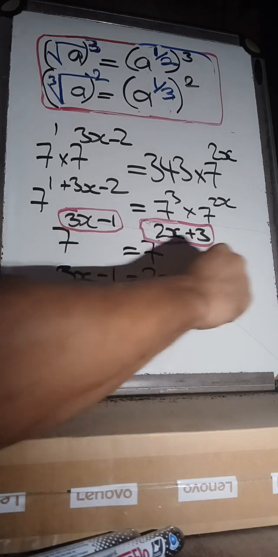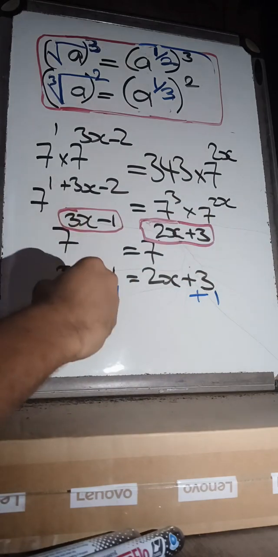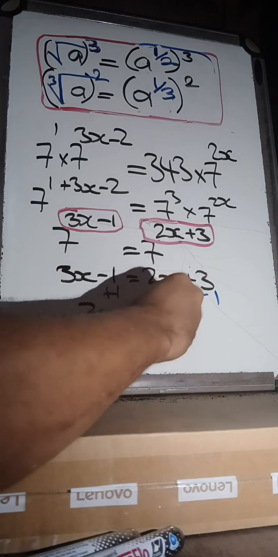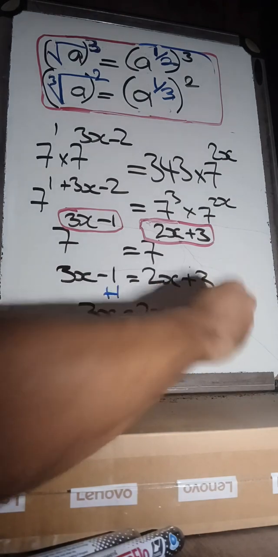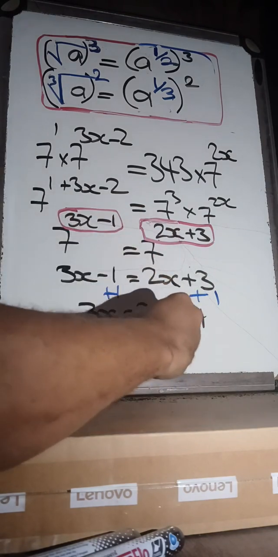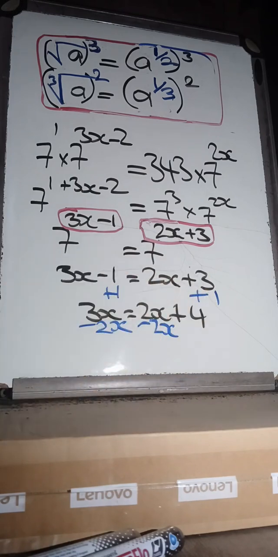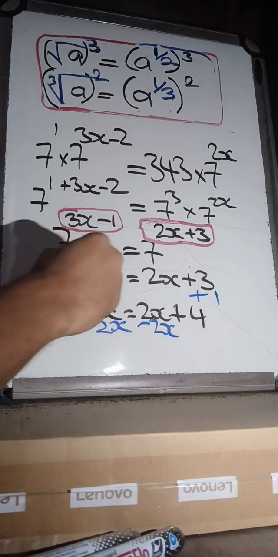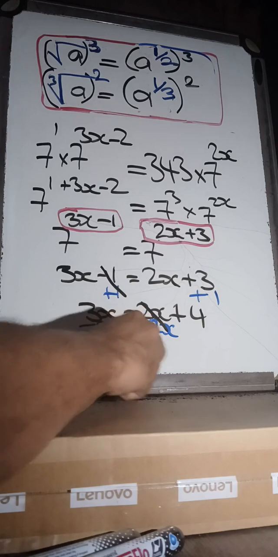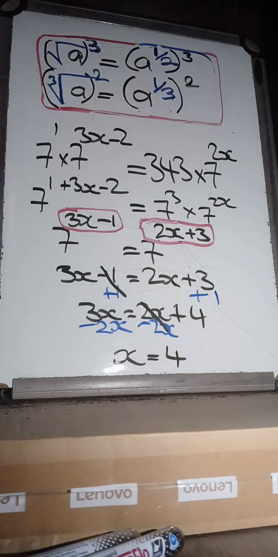Add 1 to both sides, resulting in minus 2x from both sides. Resulting in zero plus 4 being just 4.